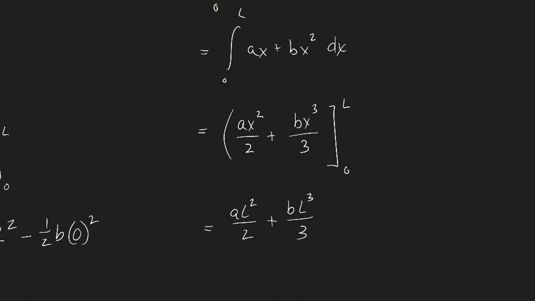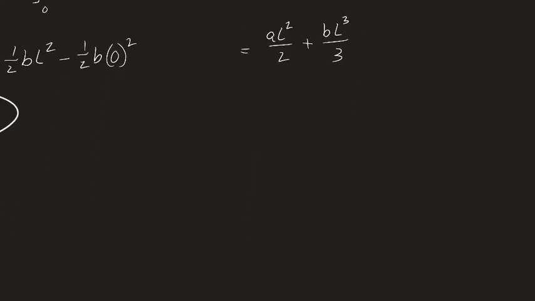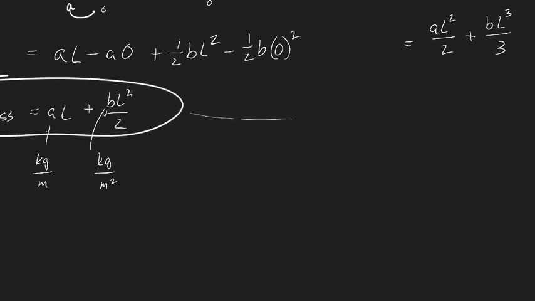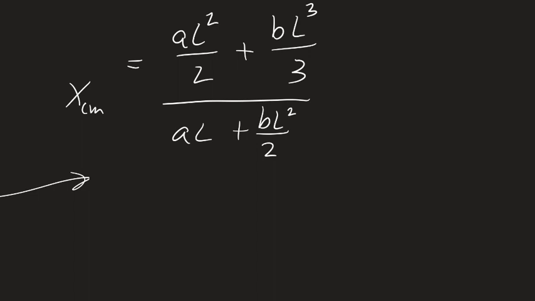This is just the top portion of my center of mass function. I still need to add in the bottom function here. So if I want the center of mass, I'll have to put in AL plus BL squared over 2. That's now the center of mass.